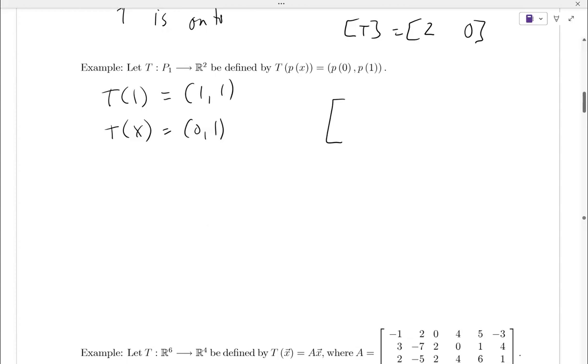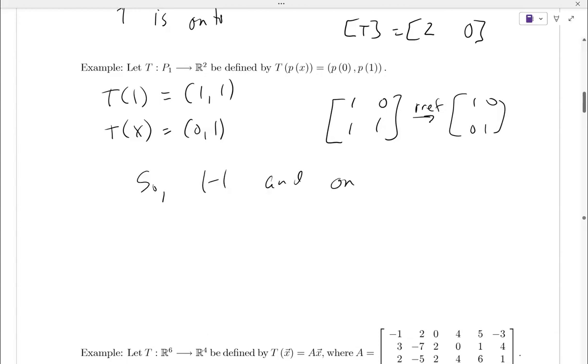So if I make the matrix here, is that going to get a pivot in every row and column when you row reduce? Yeah. So this is an example of a bijection.